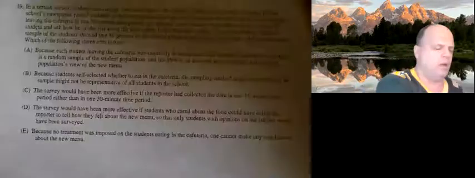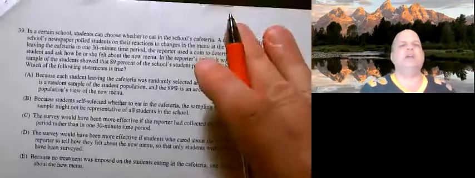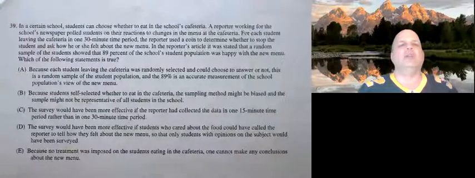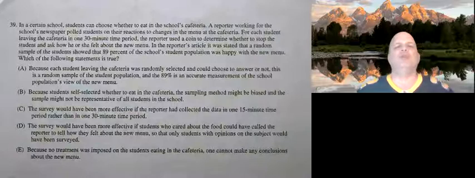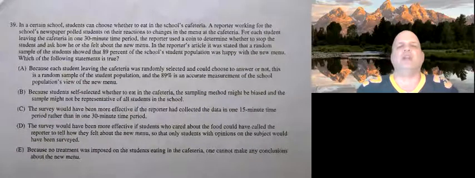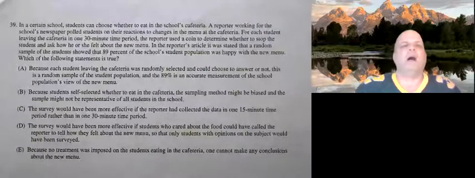Number 39. In a certain school, students can choose whether to eat in the school's cafeteria. A reporter working for the school's newspaper polled students on their reactions to changes in the menu at the cafeteria.